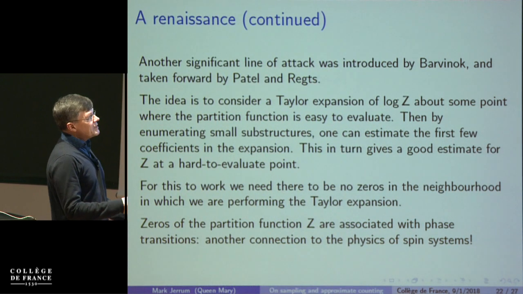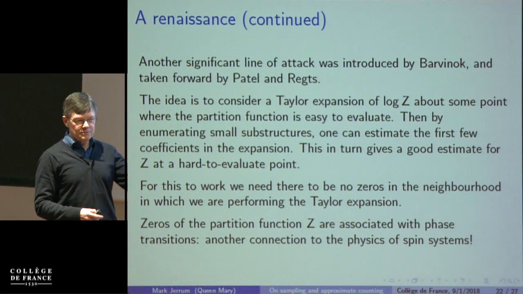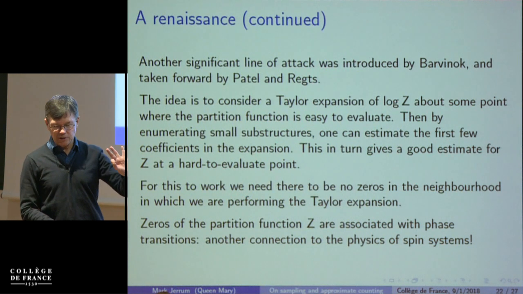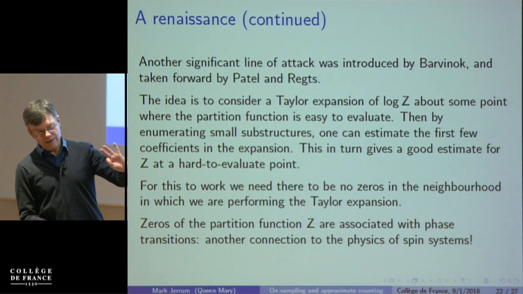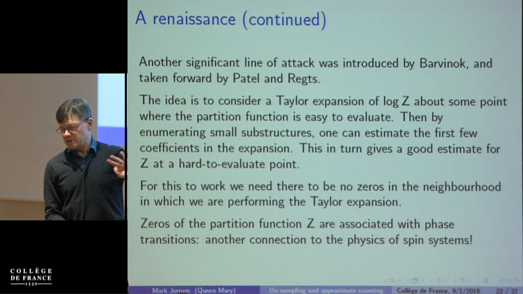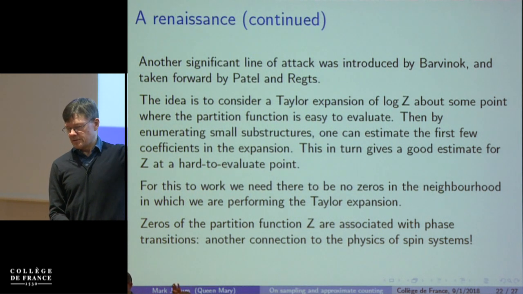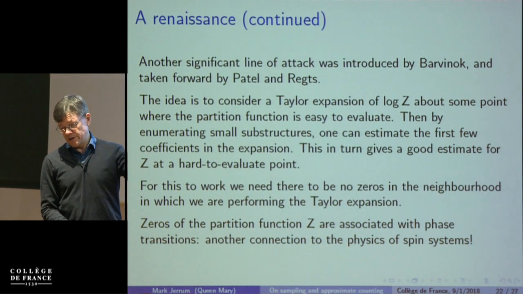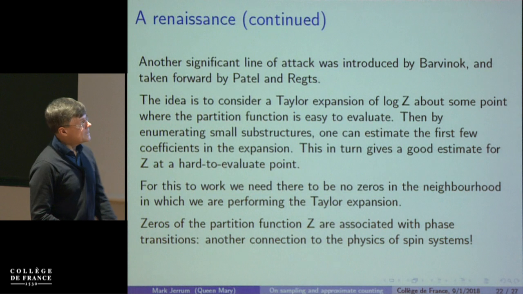And this goes by Taylor expansion. So they take a point at which it's easy to evaluate the partition function, and then they do a Taylor expansion, and they see how far they can get out. Of course, they have to compute the low terms of the Taylor expansion, and they give a way of doing that. And then the question is, how far can you take it?